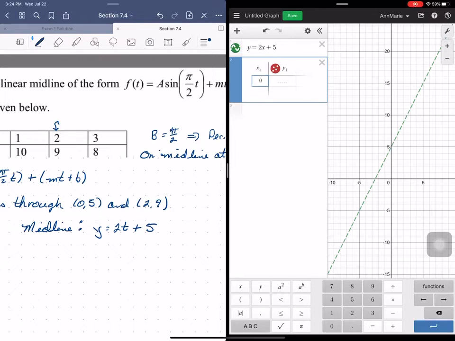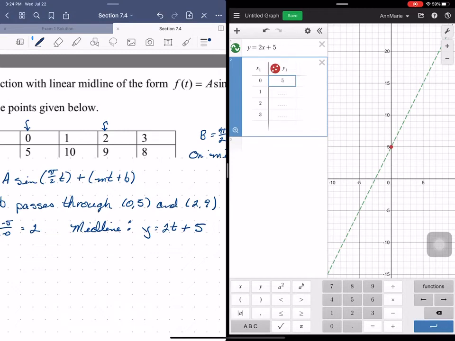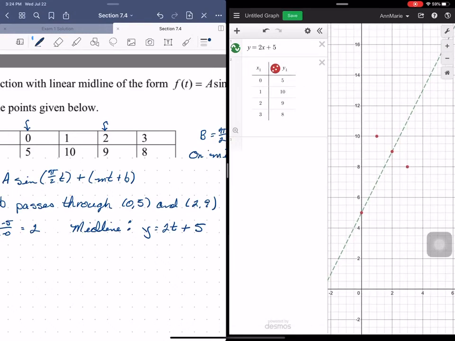So I've got 0, 1, 2, 3 for x's, and 5, 10, 9, and 8. Okay, now I can see that I'm on my midline at t is 0 and t is 2.